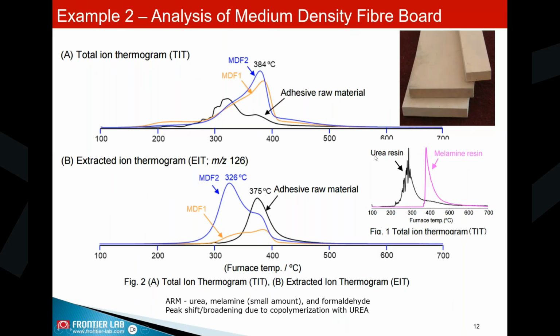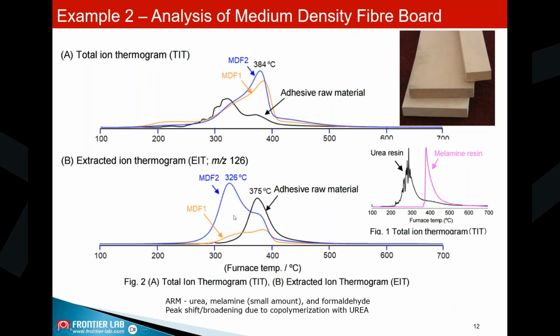So we have used these as additive materials and also looked at their peak response with respect to the temperature. So now when we analyze the additive material, it gives a strong peak at 375, whereas when we see the MDF, the medium density fiber board from the market, they show a strong peak at 326 in both cases.